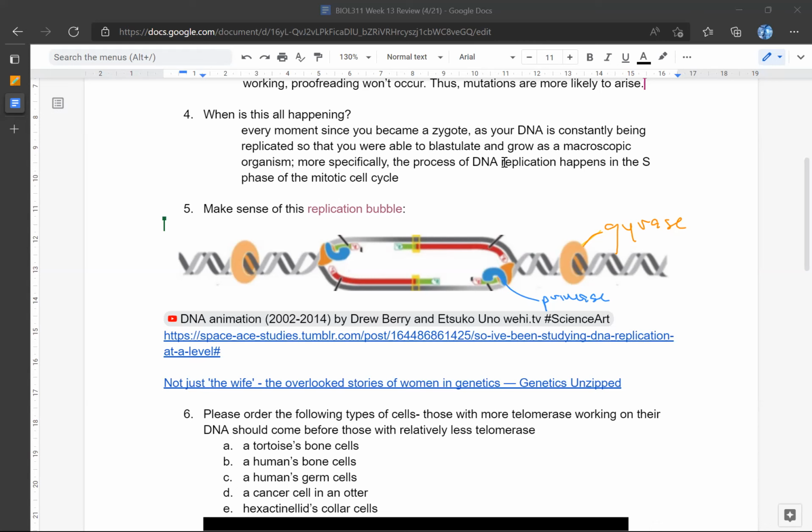And so I kind of gave it away. But what are these green things that we see? Bingo. This and this are our primers.